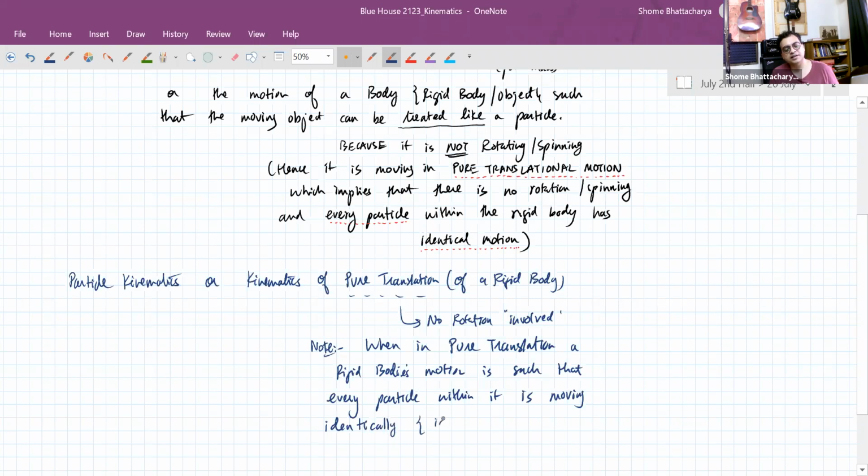That is, they have identical displacement, velocity, and acceleration.